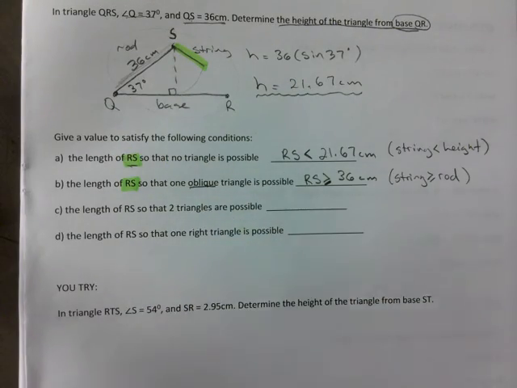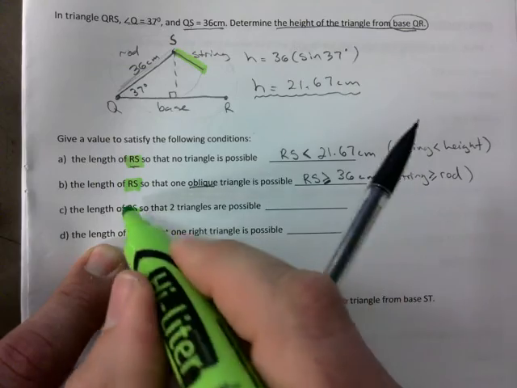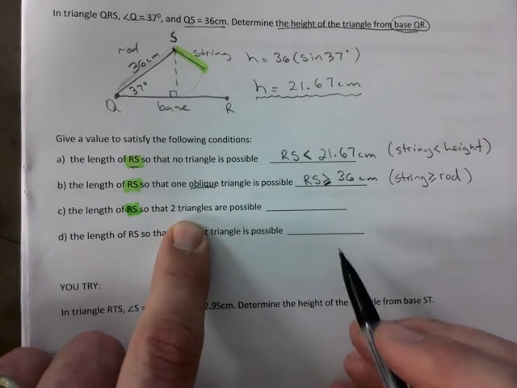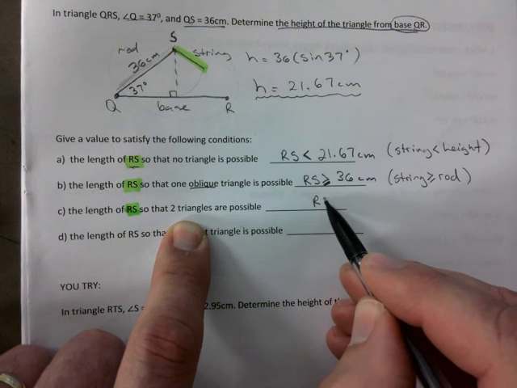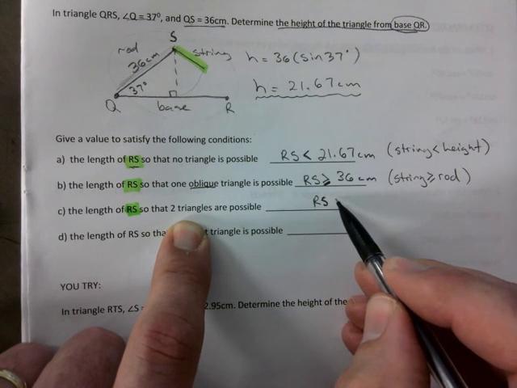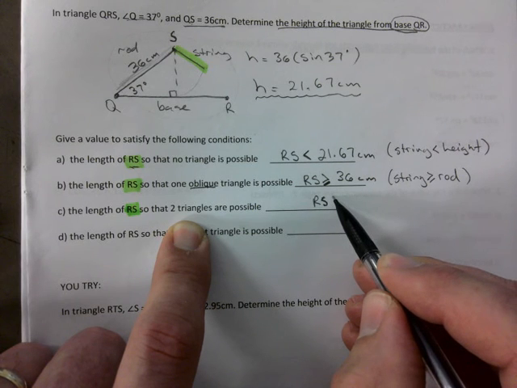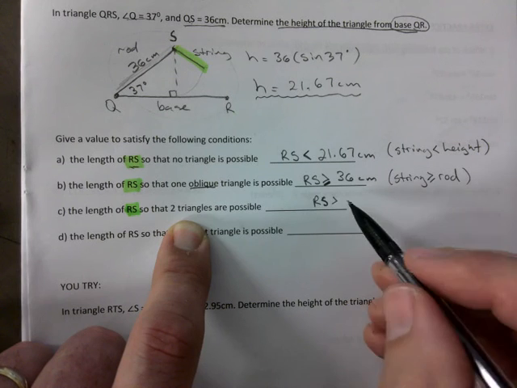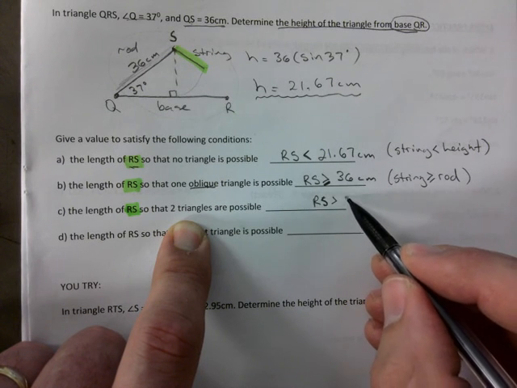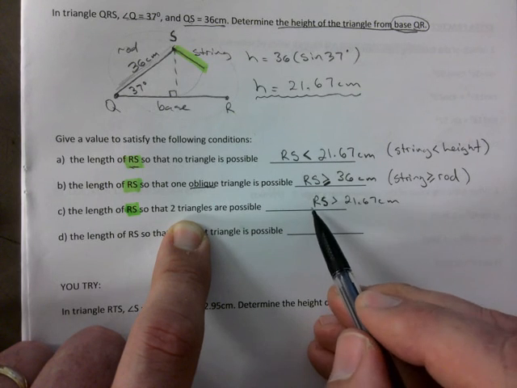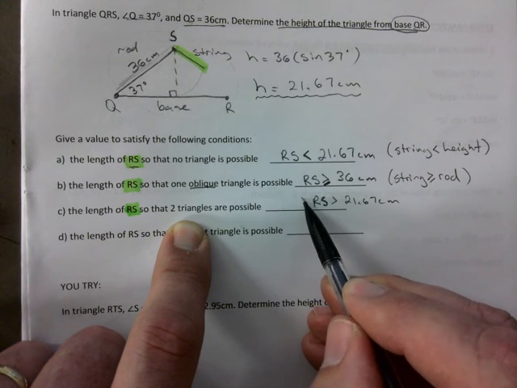The length of RS, so that two triangles are possible. This is the tricky one. So I would say this, put RS in the middle. It would have to be greater than the height, which is 21.67 centimeters. But it would have to be less than what?